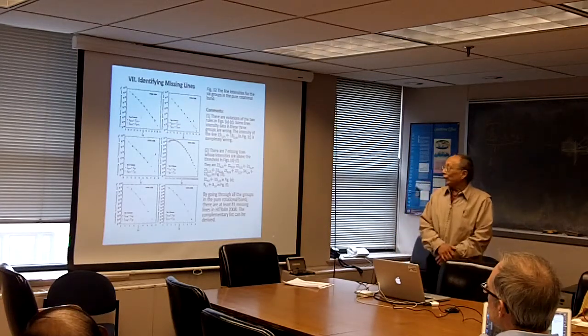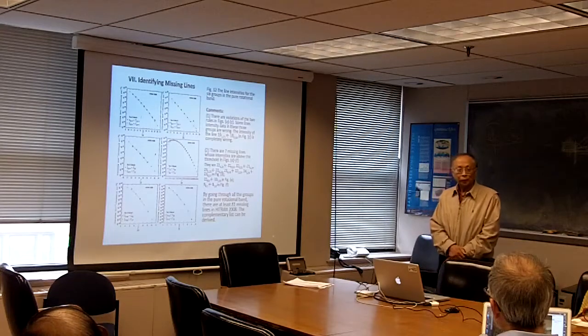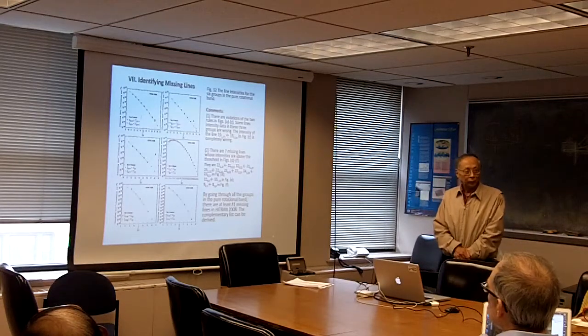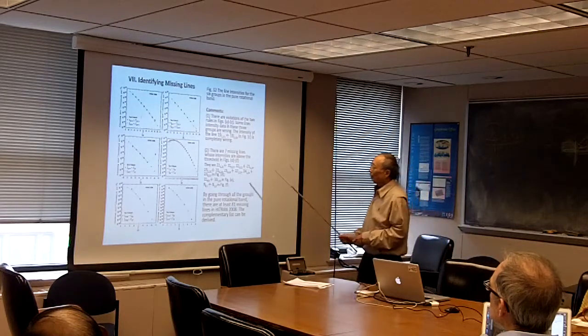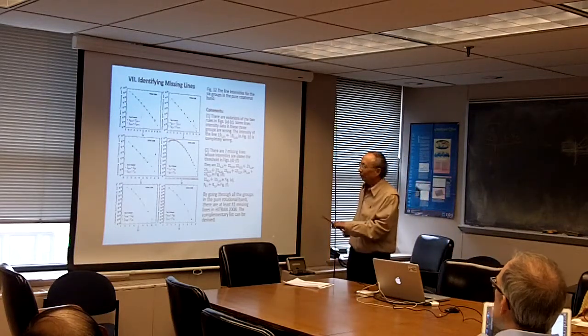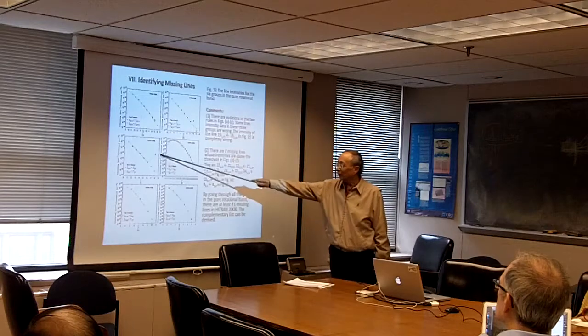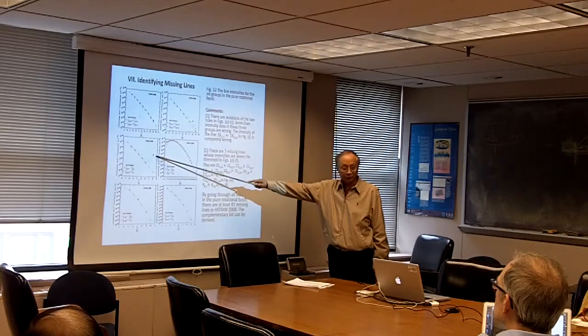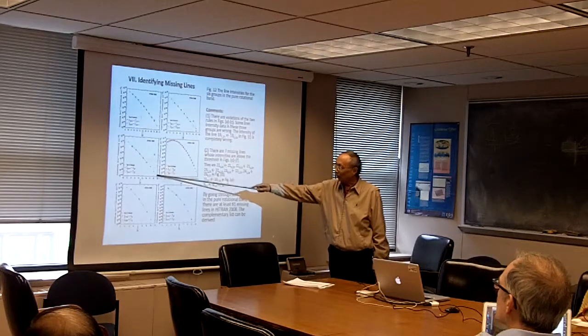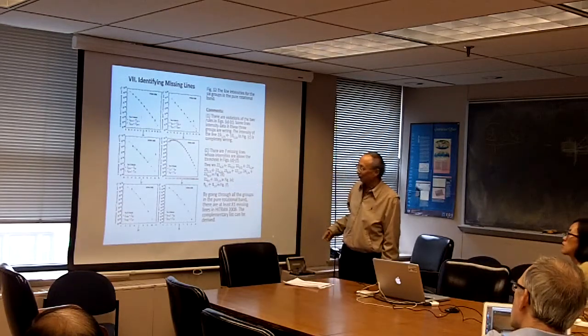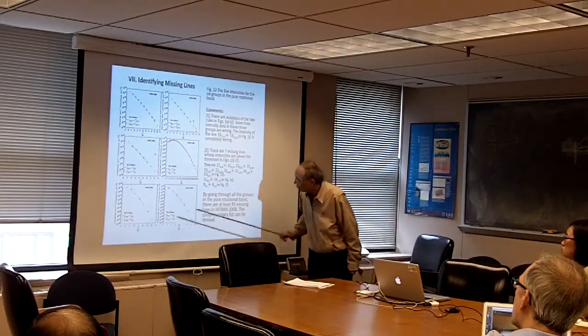We can also identify missing lines. Some lines are missing, not complete. This is the intensity for the pure ozone band. Of course, this is completely wrong. I keep in mind this is completely wrong. And these two points should be like this.